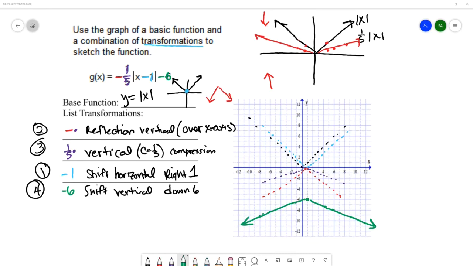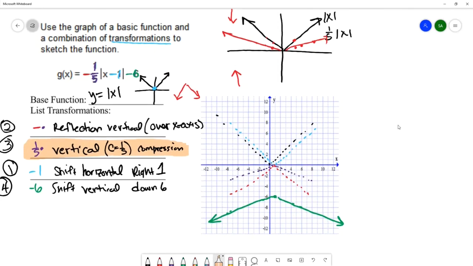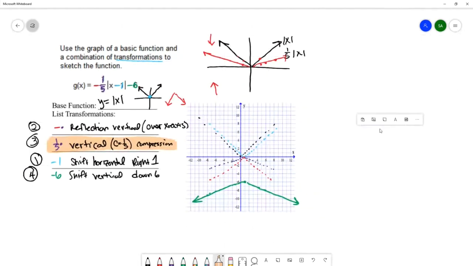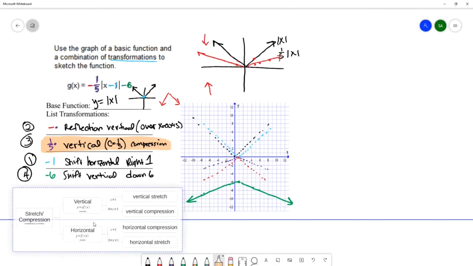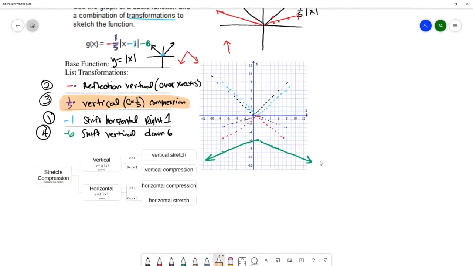Okay, so I'm going to give a little bit more detail on how I came to this decision about whether it was vertical or horizontal, a stretch or compression. What I've got here is a flow chart that I've created so that we can take a look at the different types. So let's see if I can zoom in on that pretty good.